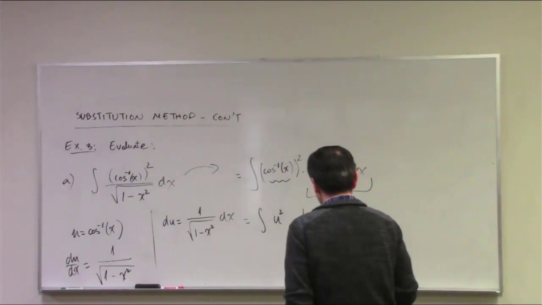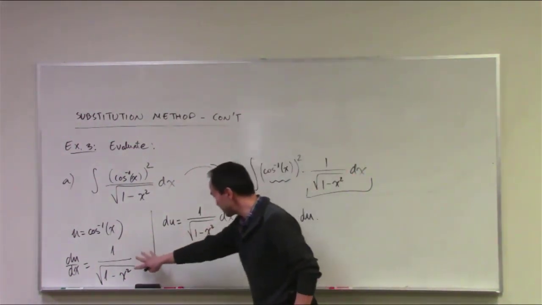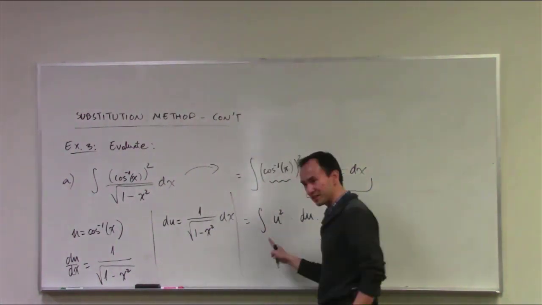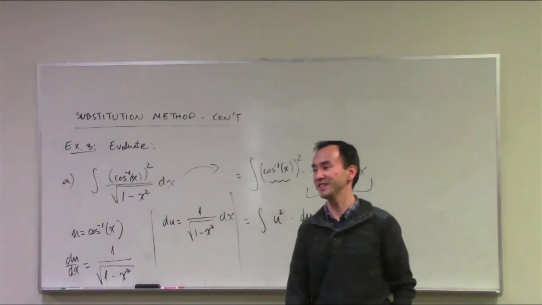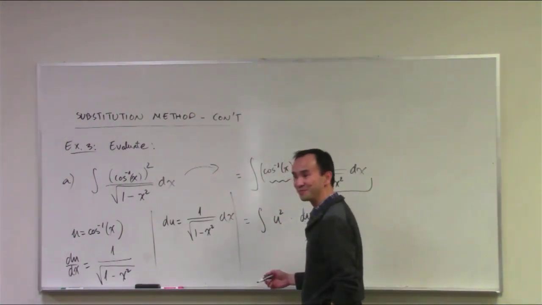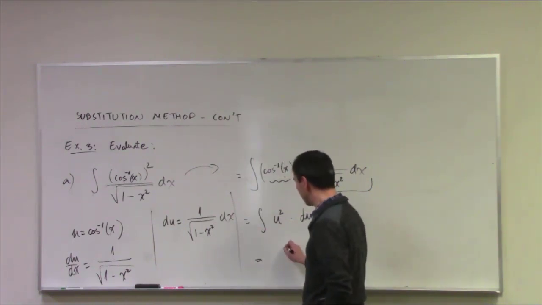Okay. But now we have successfully substituted. These are all the substituting elements here. Have I washed away completely the old variables? Yes, I have. And have I made the problem simpler or easier to handle? Yes, it clearly is. So now it's going to come out being 1/3 u cubed plus c.